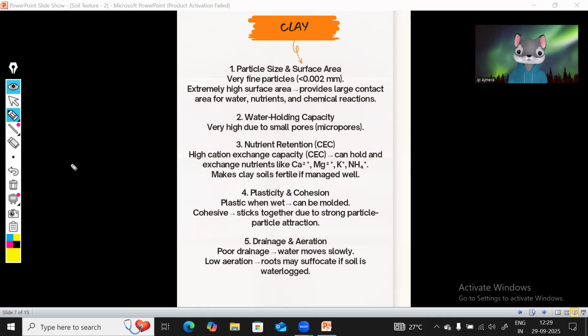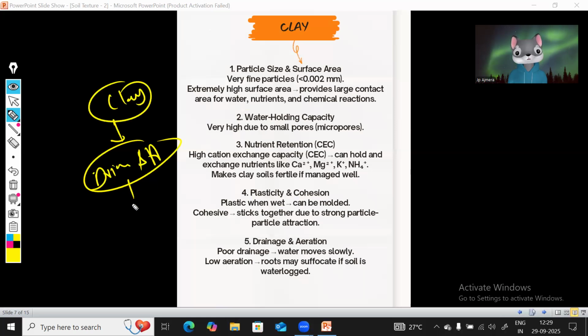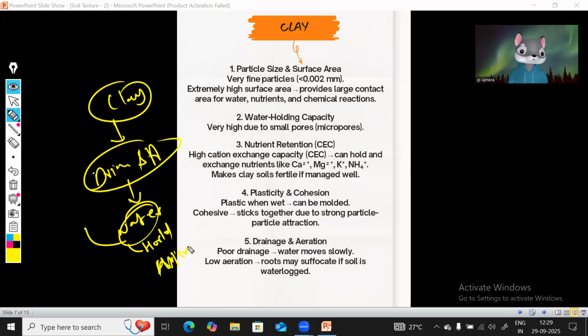Drainage and aeration are poor. What is the reason? Clay has water-retaining pores, the micropores, which hold the water and don't facilitate water moving.